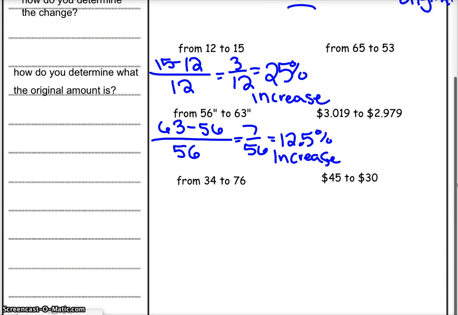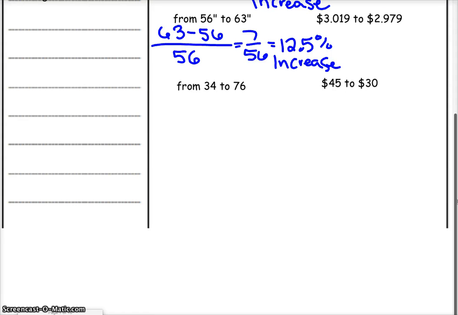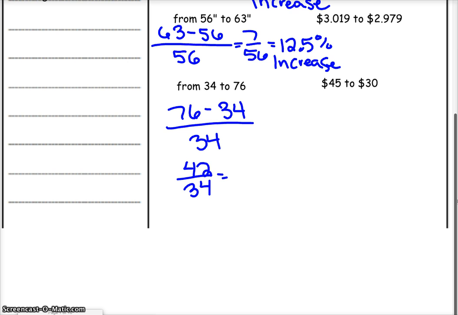Okay, so 34 to 76. Big number minus small number over the original. $42 over 34, and that's 123.5%.